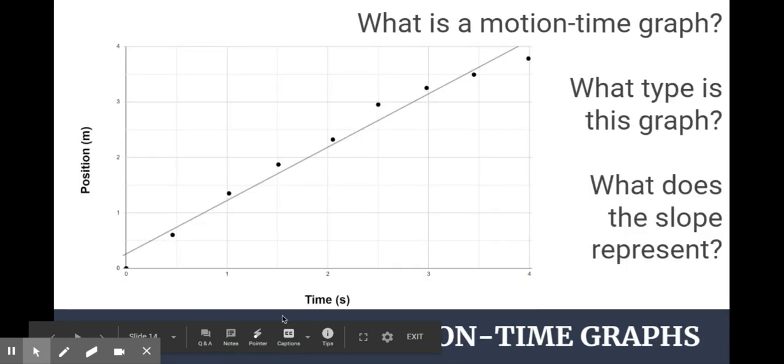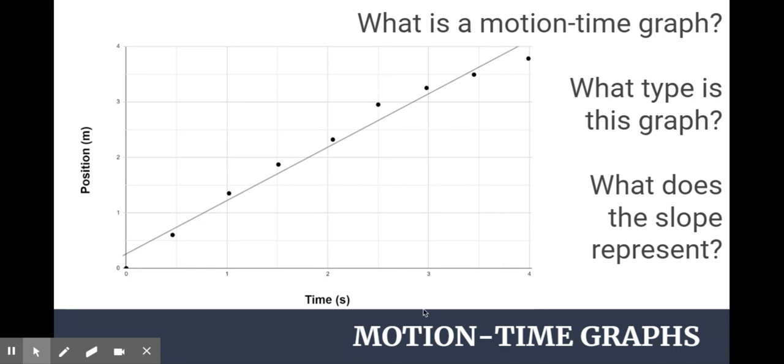So let's do a quick review. What's a motion time graph? I want you to see if you can identify what type of motion time graph this graph is, and what that slope would represent. This is going back to our first unit with kinematics. So a motion time graph tells us really anything about the motion of an object throughout time.